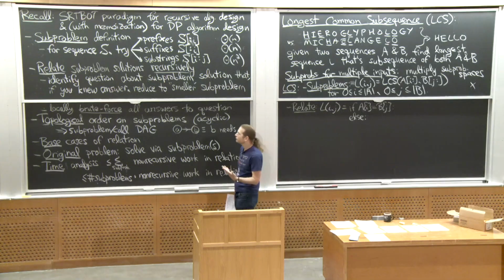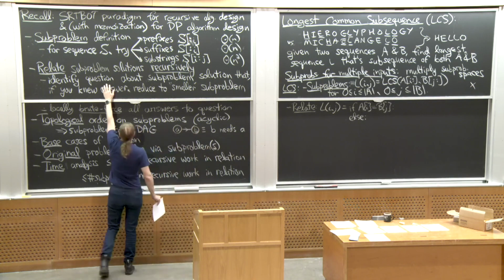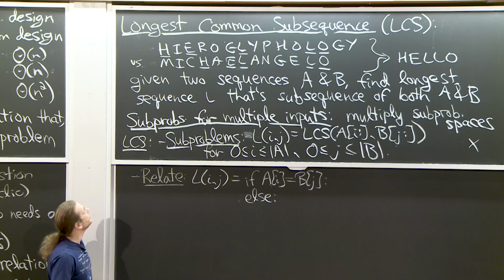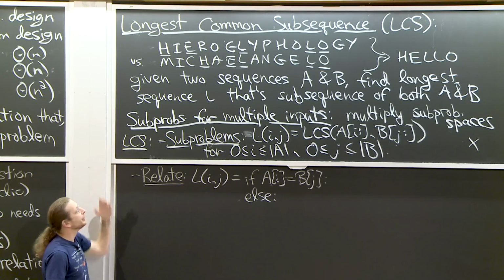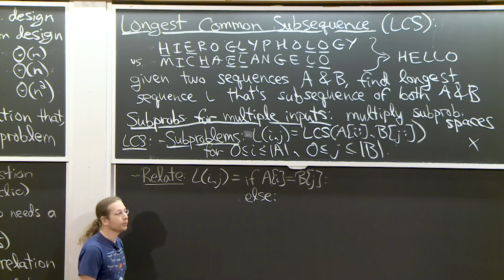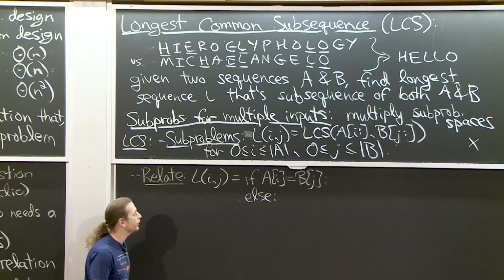So I have this question. The question is, do I know that the H is not in the answer, or do I know that the M is not in the answer, the final longest common subsequence? We don't know which, so we'll just try both.